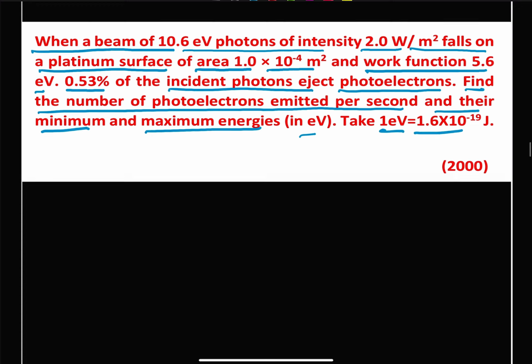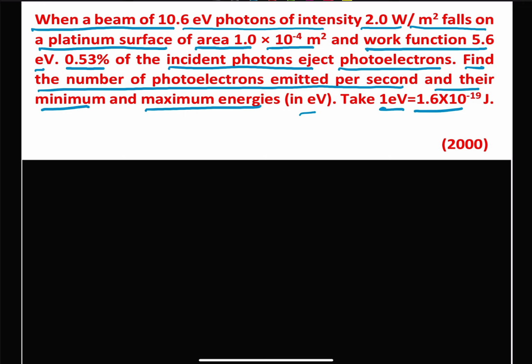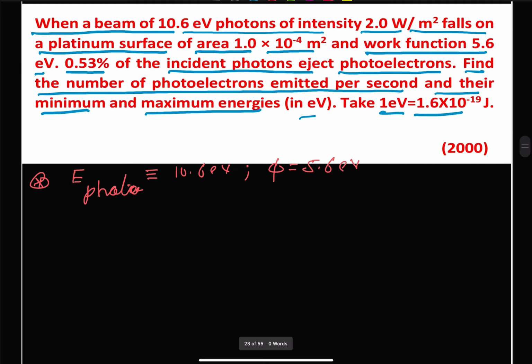And in this case, we are given the energy of the photon. So let's write this as E photon, and this is our 10.6 electron volt. Work function is given, so our phi is also given to us as 5.6 electron volt, and we have the intensity of light, photon intensity.